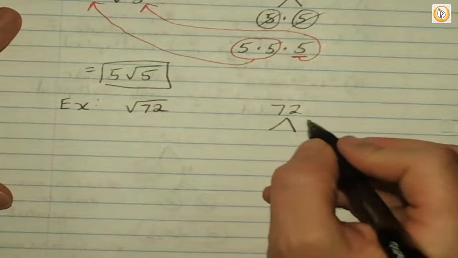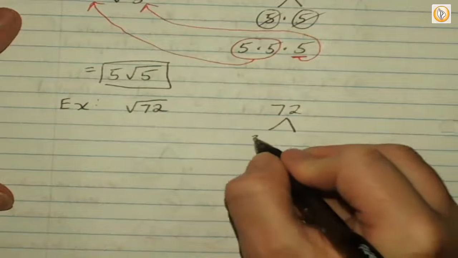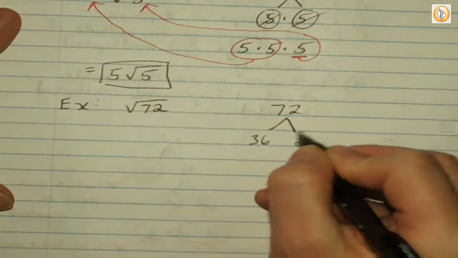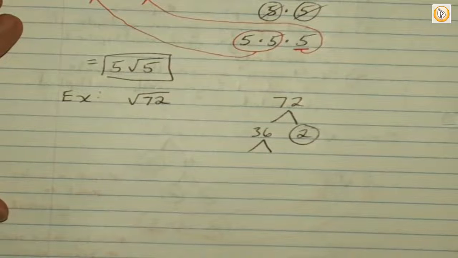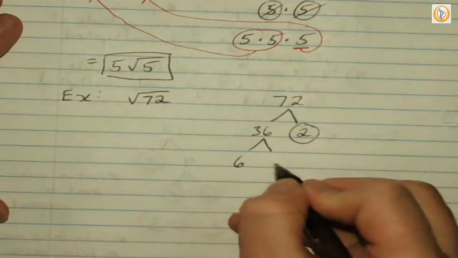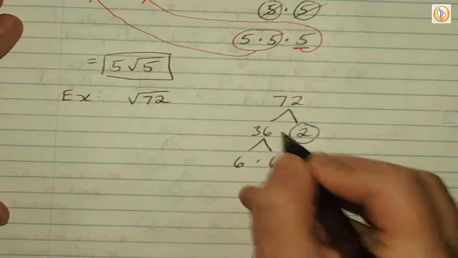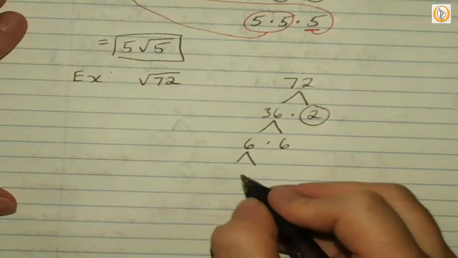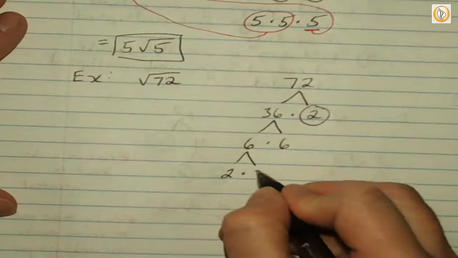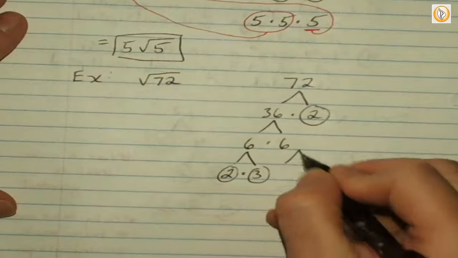All right, so what 2 numbers? 36 and 2. Good job. 2 is prime. What 2 numbers give me 36? 6 and 6. Ooh, 6 and 6. See, I knew if I tell a story, y'all all have this figured out. And then? 3 times 2.